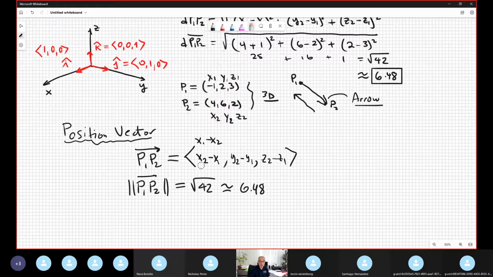That means our vector is pointing in the opposite direction. But okay, let's do it one way. Look, x2 is 4, minus plus 1 is 5. Comma. This is 5. Comma. Y2 is 6, minus 2 is 4.